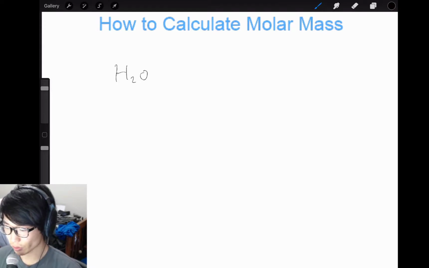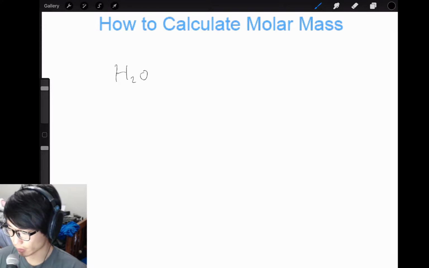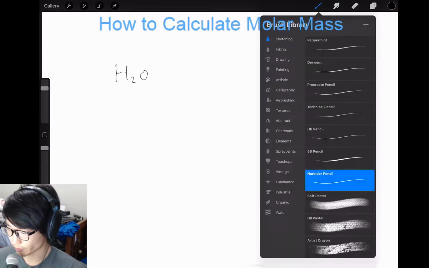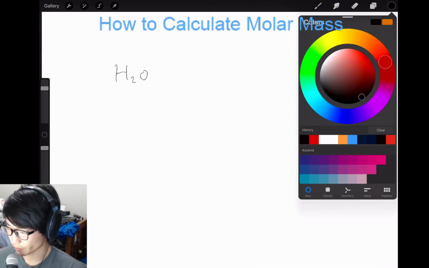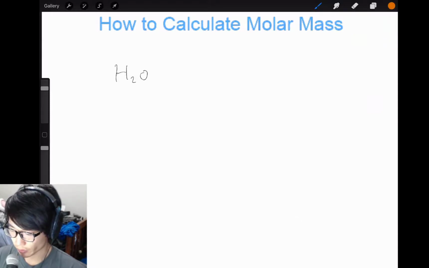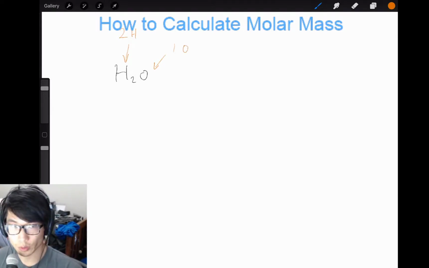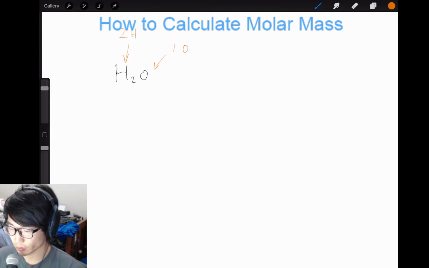The first thing is you're going to look at it. I look here and I see I have 2 H's and 1 O. Remember that the 2 is only affecting the amount of H's, not the amount of O's.